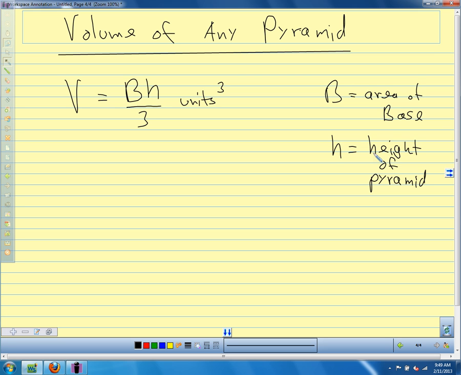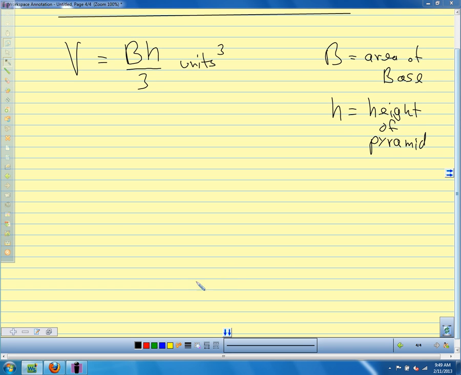We'll talk a little bit more about why that formula turns out the way it does tomorrow. So the volume of a pyramid is 1/3 the volume of a prism that has the same base and the same height. All right, let's look at an example of calculating with this one, and then we'll be done.